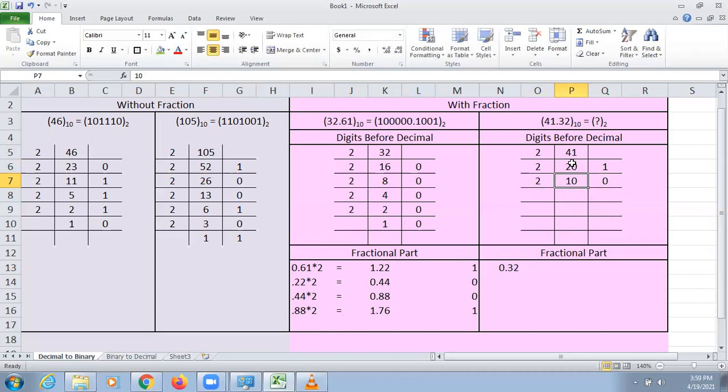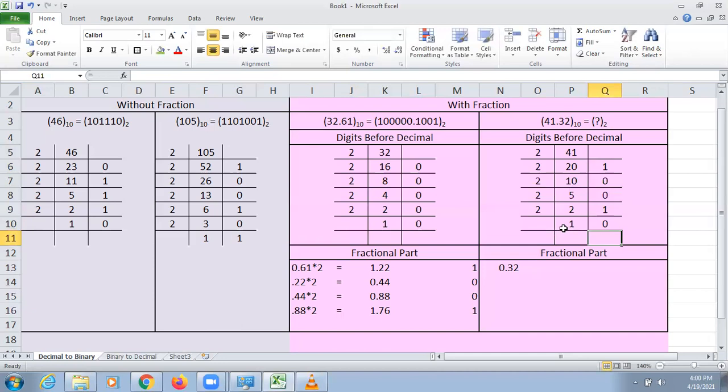Now 2 fives are 10. Remainder is 0. 2 twos are 4. Remainder is 1. 2 ones are 2. Remainder is 0.